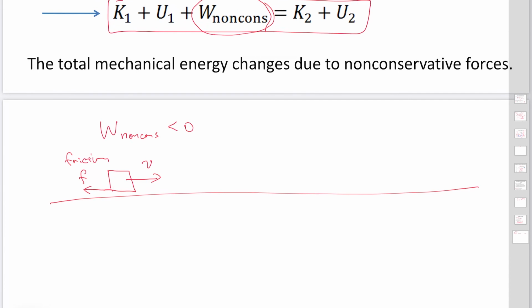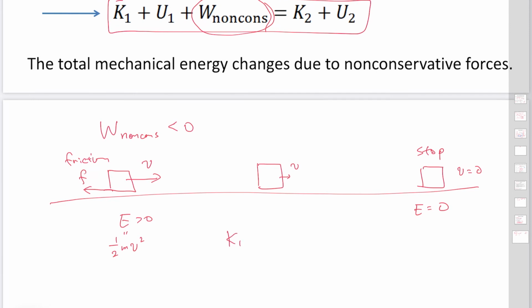The total energy at this point is just the kinetic energy, 1/2 mv squared. Because of the friction, the speed is decreasing, and finally we expect v equals 0, and the particle is going to stop. In this situation, the energy becomes 0.